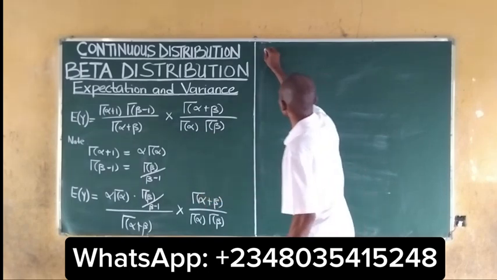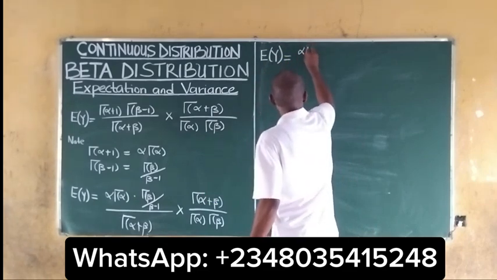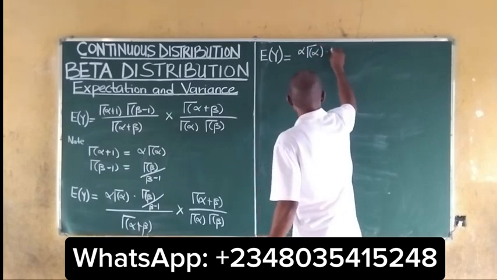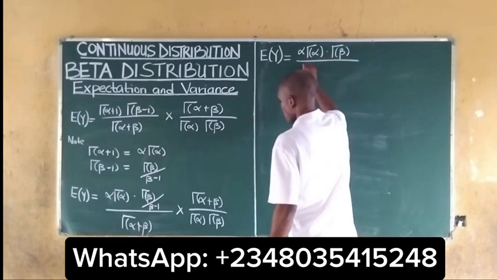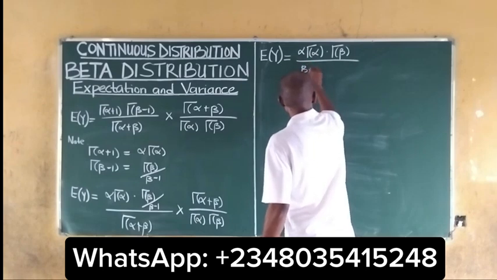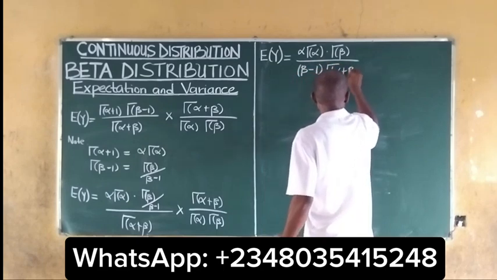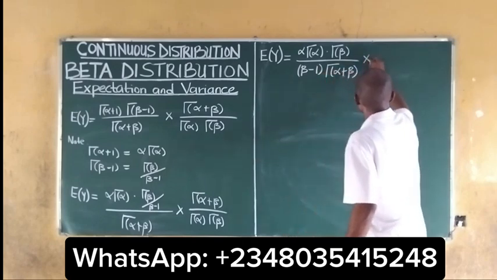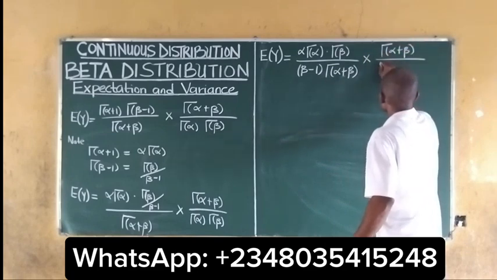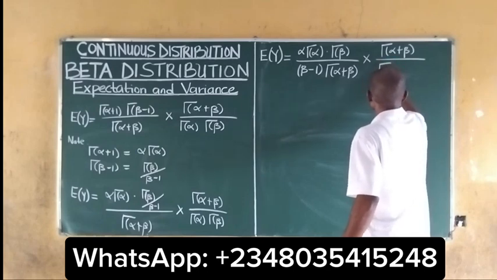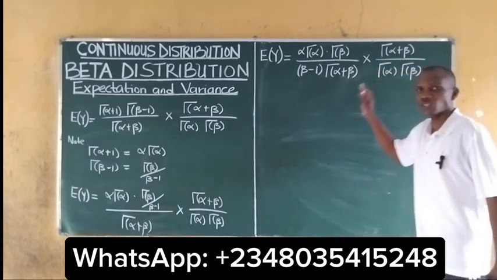If we rewrite this well, we'll have the expected value of y equal to alpha into gamma alpha multiplied by gamma beta, all over beta minus 1 into gamma of alpha plus beta, multiplied by gamma of alpha plus beta all over gamma alpha gamma beta. So this is what we'll have.